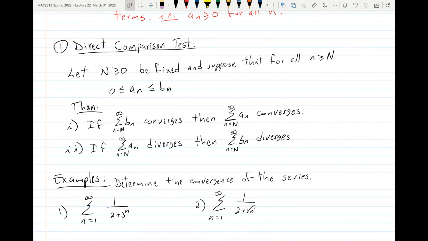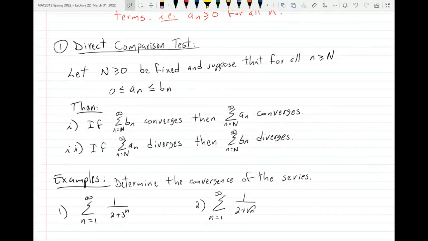The reason is that the sequence of partial sums of bn will be greater than or equal to the sequence of partial sums of an. If this converges, that sequence has a limit, therefore it is bounded and monotonic, so it has to converge. That was the justification we gave. Similarly, an equivalent statement is: if the small one diverges, then the big one has to diverge. That's the direct comparison test.